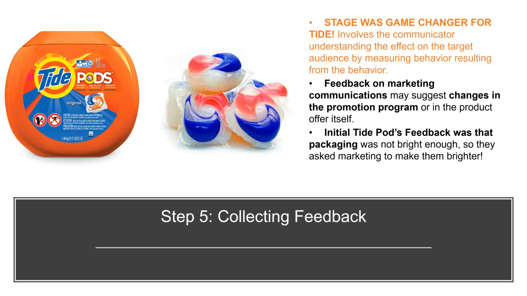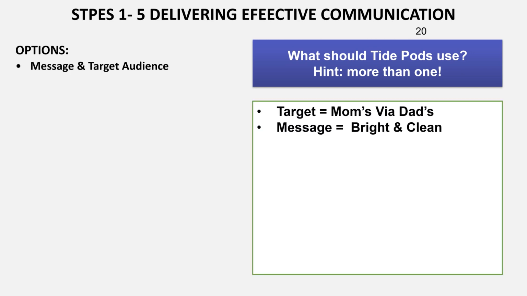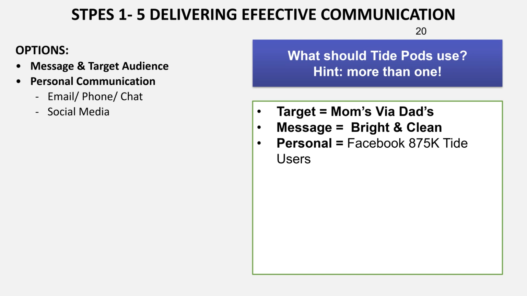So everything's going great. Now there are a couple of things they have to consider as a brand marketing manager, five more things. One is the target audience, which again, they focused on moms via the dads and focused on bright and clean clothes. They focused on using Facebook, with 875,000 Tide users.